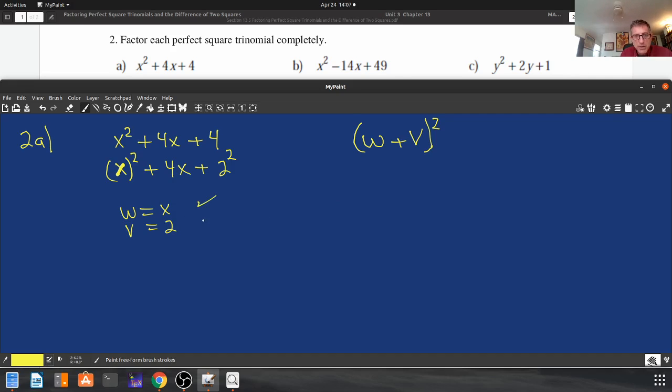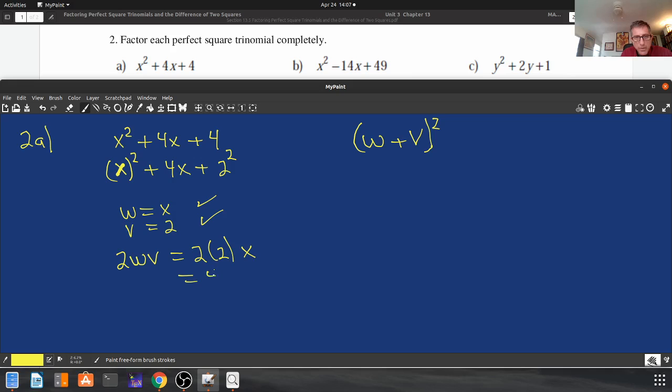So that's okay. My first criterion is I found a candidate for w and a candidate for v. Since my sign here is plus, I want to check the value of 2wv or 2vw. Well, that's 2 times my constant term 2 and my other term x.